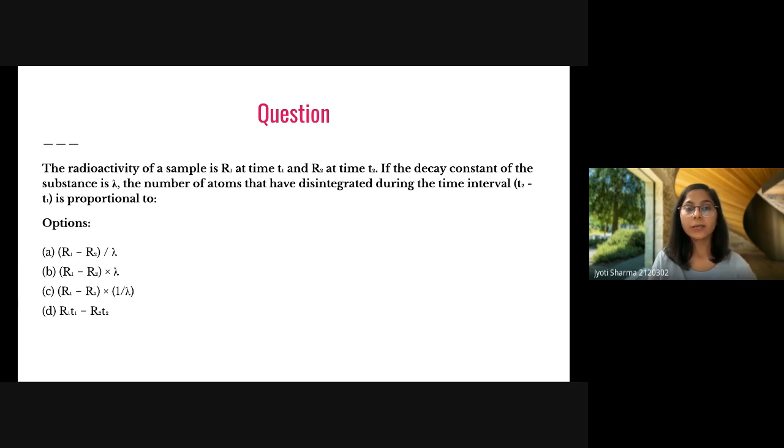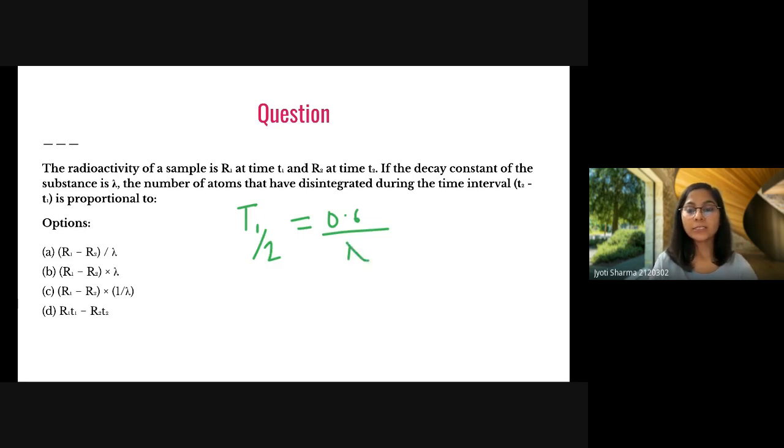In the last question we had the relation with half-life, and here the question is based on the decay constant. Very rightly, we know that the half-life is equal to 0.693 upon the decay constant.